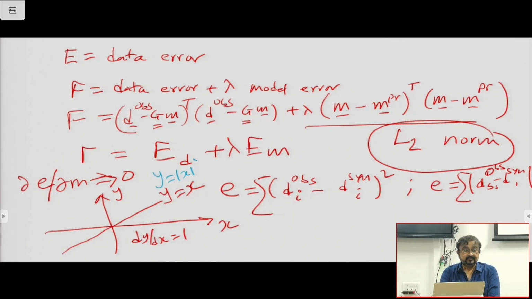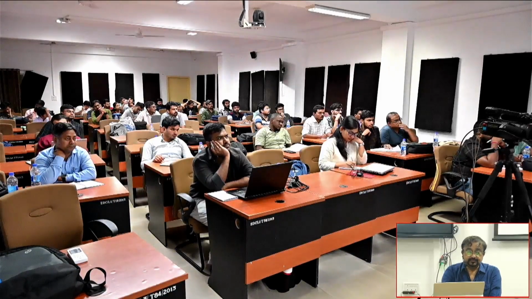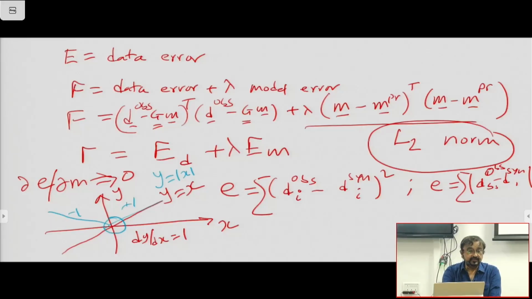What would that look like? So this part is the same, and that part is this. And what is the derivative of this function? It is minus 1 here, plus 1 here, and here you can't define it. So it's not differentiable at 0.